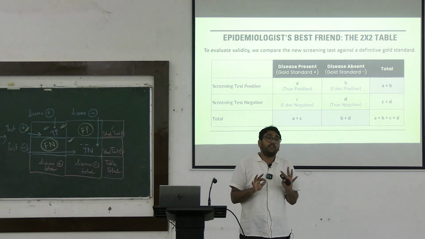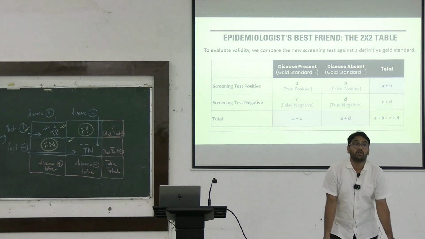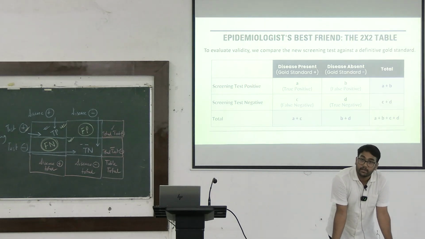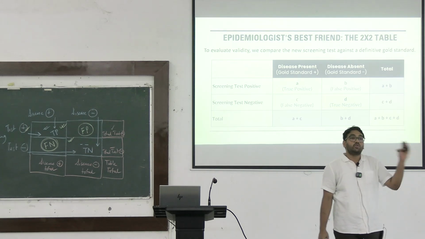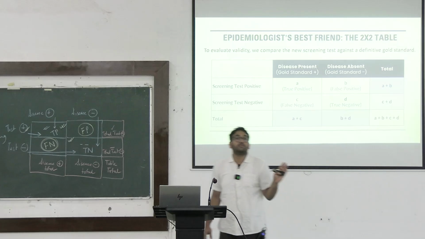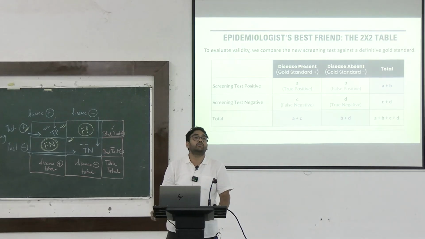Okay, so whenever you get a problem for sensitivity, specificity, always remember that you have to first construct a 2 cross 2 table, and a 2 cross 2 table is properly drawn as a 4 cross 4 table where we use one row and one column for headings and one row and one column for totals, and the middle 4 squares are used as the 2 cross 2 table proper.